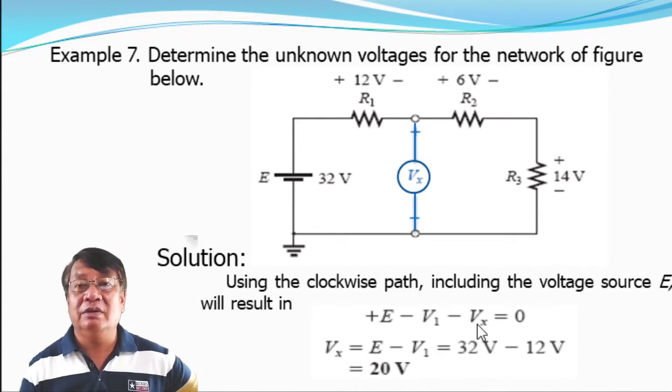That is according to Kirchhoff's voltage law, equal to 0. Solving for V sub x, it is equal to the source voltage E minus V sub 1, the voltage drop across resistor 1. So we have 32 volts minus 12 volts, which is 20 volts.